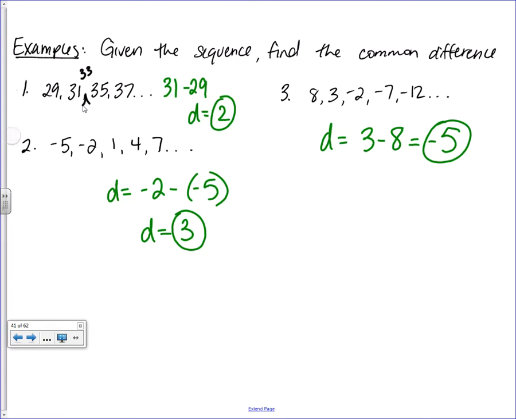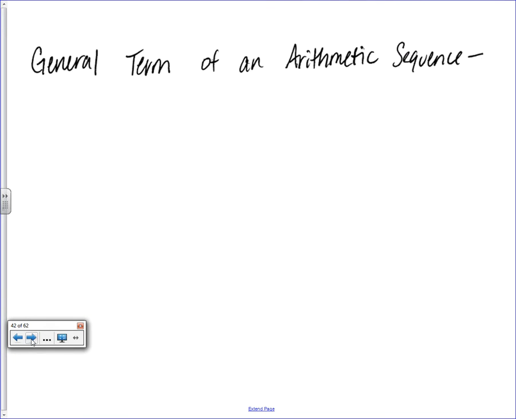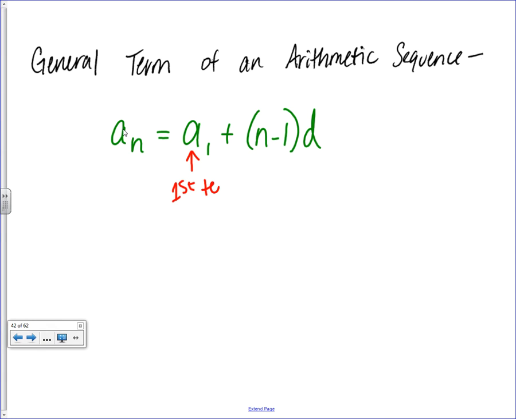Now, there is a formula for this, for an arithmetic sequence, and the formula looks something like this. So what does all this mean? A1 is the first term. D, we just talked about, is the common difference.